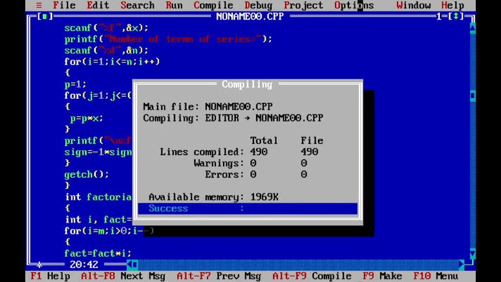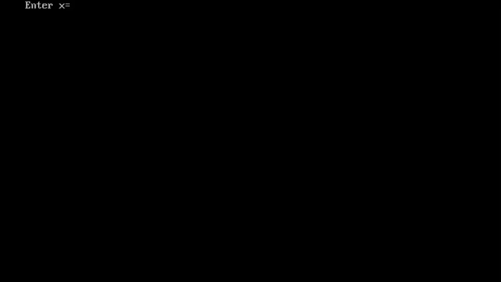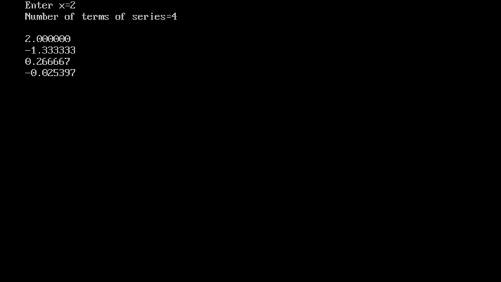Now if you compile, we get here say 2, and then number of terms say 4. Then you can see here it is 2 minus 1, 0.26 minus 0.025. So what is this? This is x, and that x is 2.